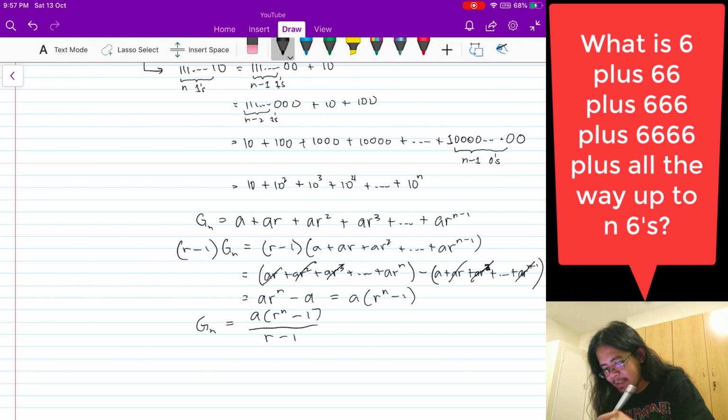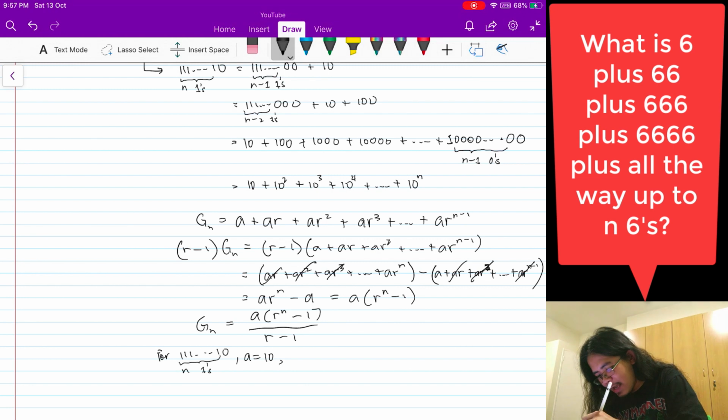Okay, in our case above, for the 1, 1, 1 with n number of ones, our a, the base number, is 10, and our ratio is also 10.